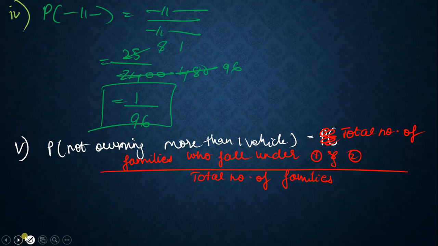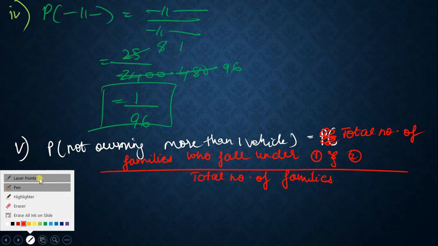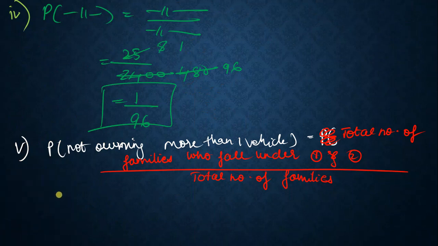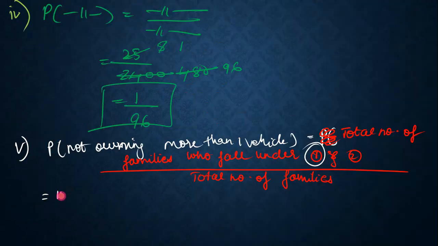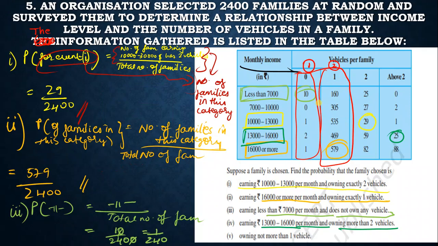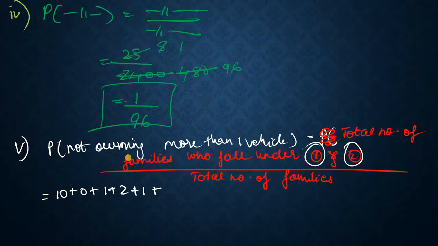So this will be what? First of all, we will add all of these things. When we add all of that under the number 1 category, that is 0 vehicles, we will get 10 plus 0 plus 1 plus 2 plus 1, plus the families who fall under the second number, that is the 1 vehicle.